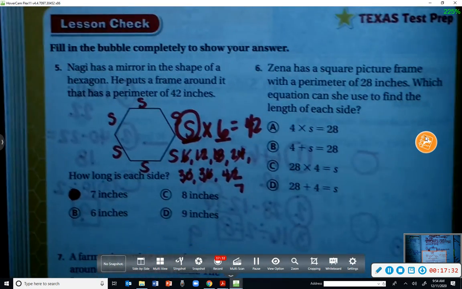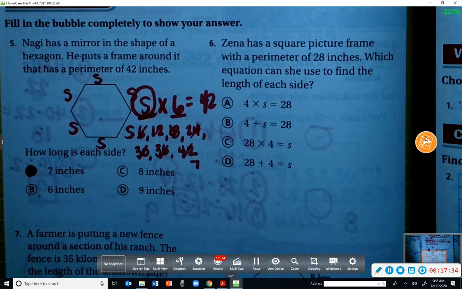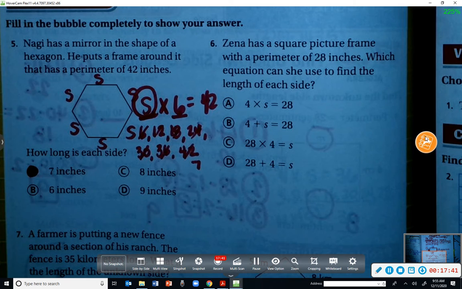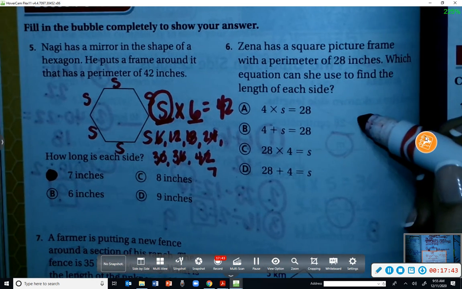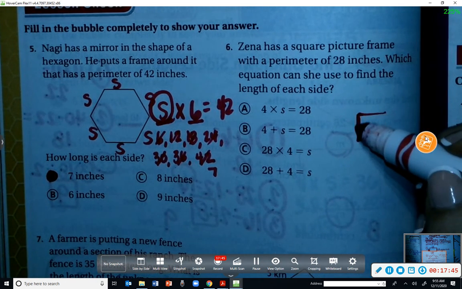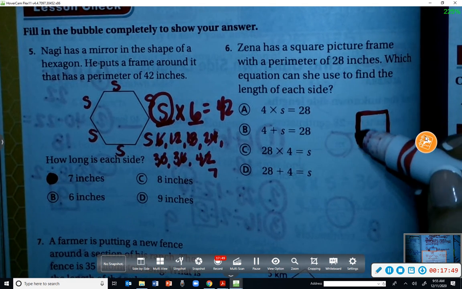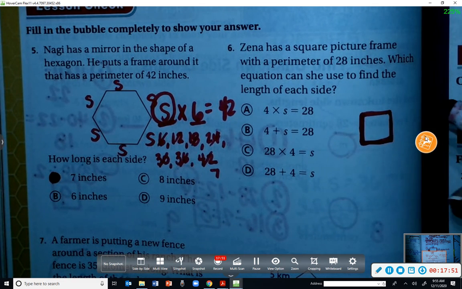Okay, number 6. Zena has a square picture frame with a perimeter of 28 inches. Which equation can she use to find the length of each side? Okay, so it's a square. Brandon, what's special about a square? That has 4 sides.